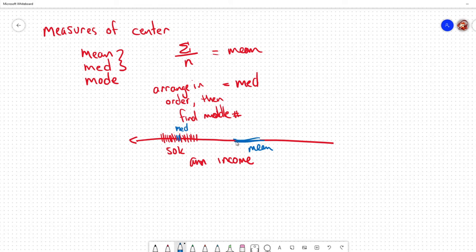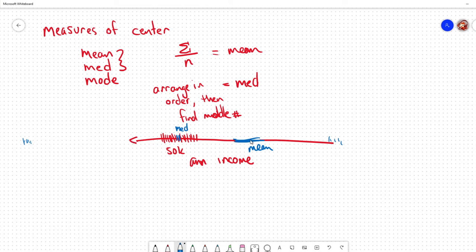So when your mean and median are agreeing with one another, around the same ballpark, that's usually a good indicator that you don't have many outliers, or the data is spread out symmetrically. Even if there were outliers, probably just as many outliers on this end. So the mean and median are balanced.